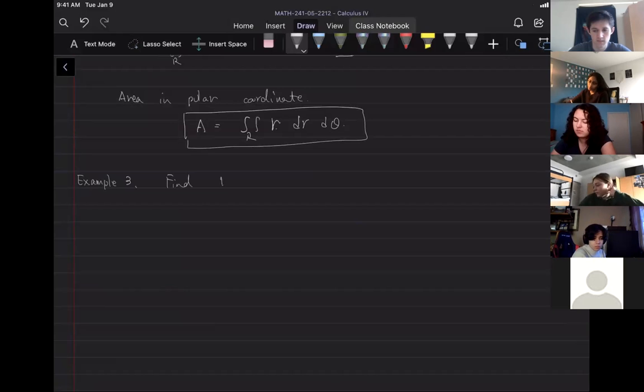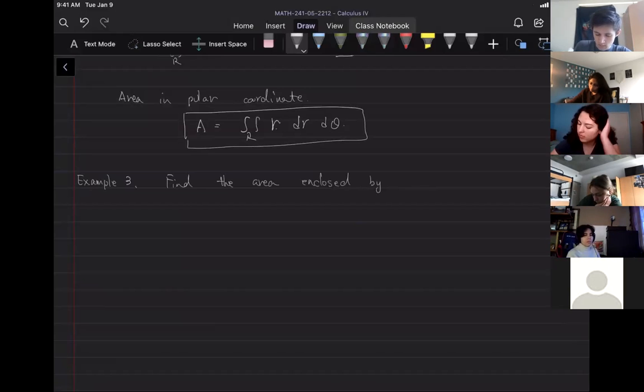Find the area enclosed by this one. r squared equals 4 cosine 2 theta. Okay, r squared equals 4 cosine 2 theta.